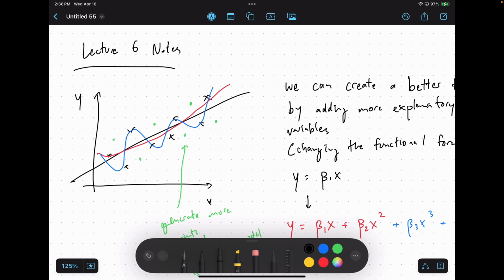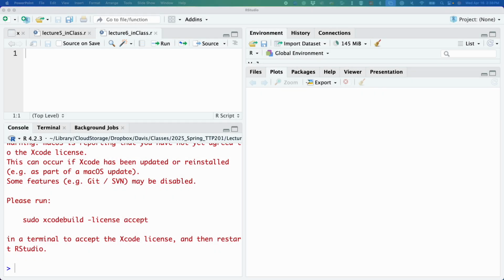So let's take a look at an example here.